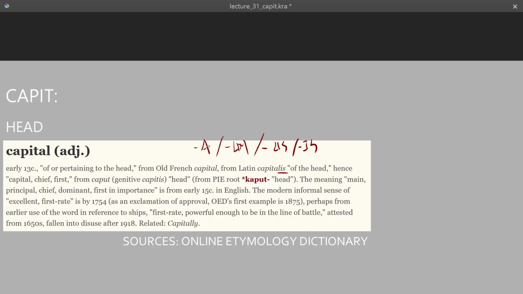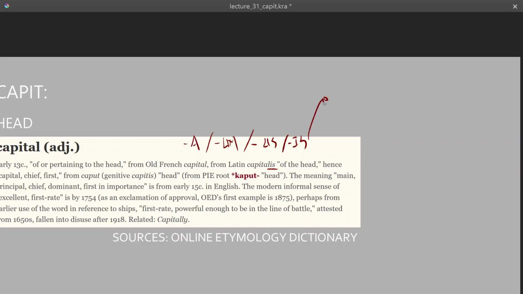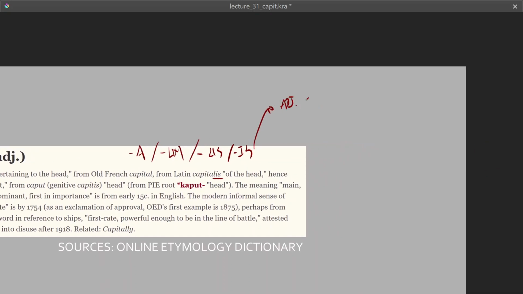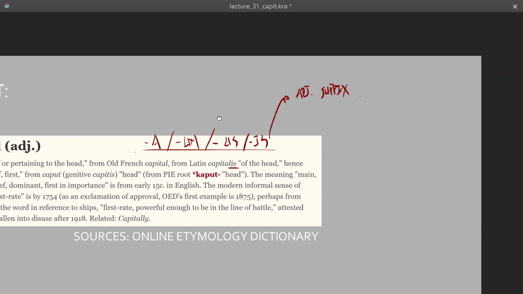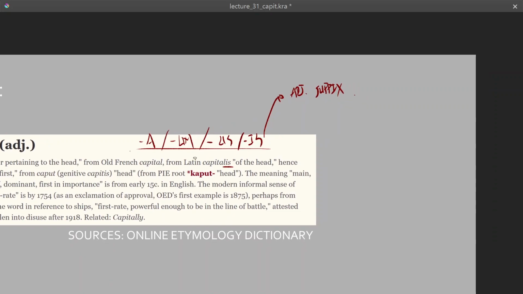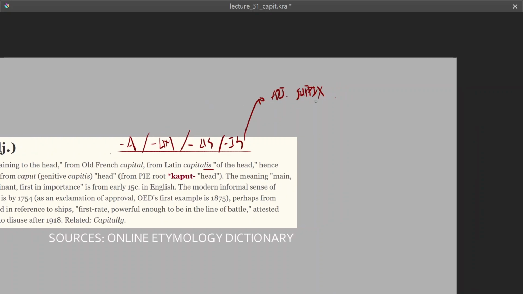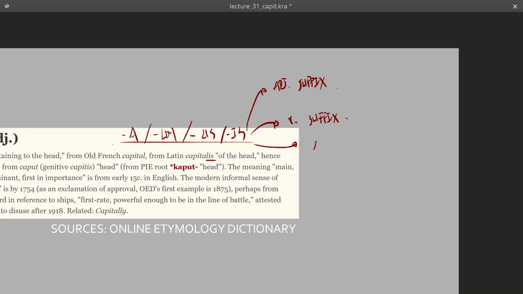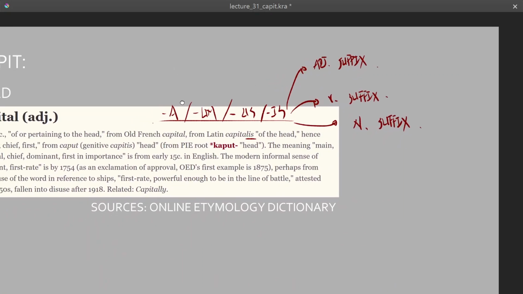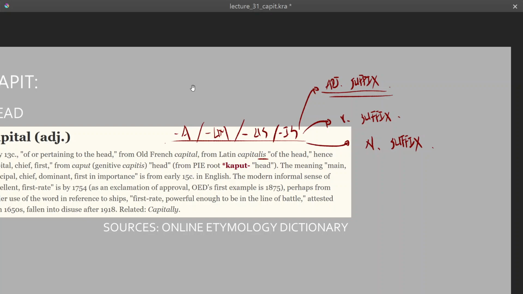Remember this group has many other possibilities, since it could be a past participle suffix. That is, it could not only be an adjective suffix, but also a verb suffix, and it could also be used as a noun suffix, meaning somebody or something. So in this case, it's just an adjective suffix.